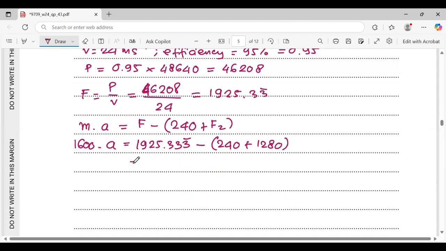So this becomes 1,608. If you calculate this, it is 405.333 and so on. So it means A, if you divide this number by this number, the result is 0.2533 meters per second squared.